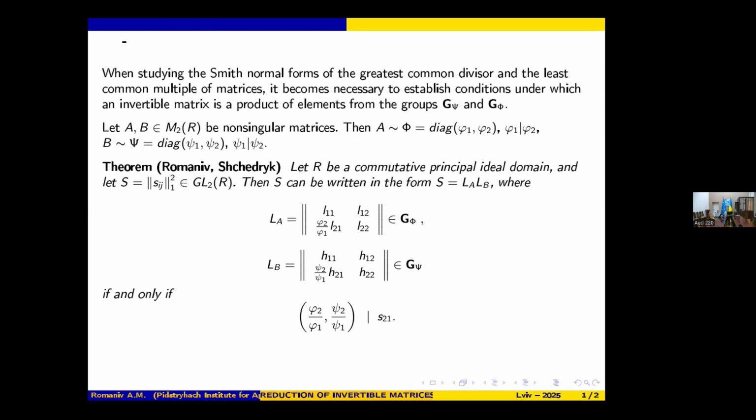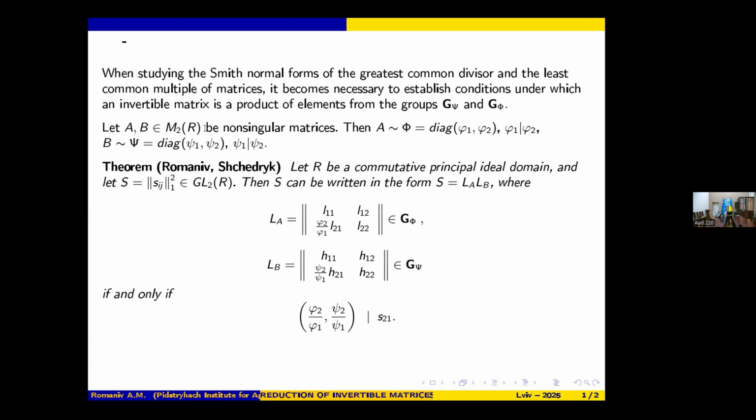For studying the Smith normal form of greatest common divisors and least common multiples, we use the decomposition of an invertible matrix into the product of two matrices from the Zelisko group. We have the next results.